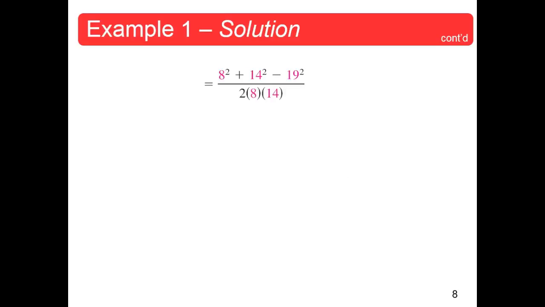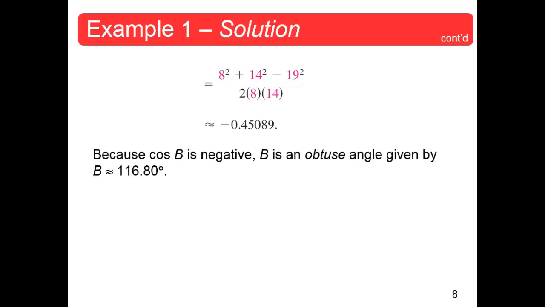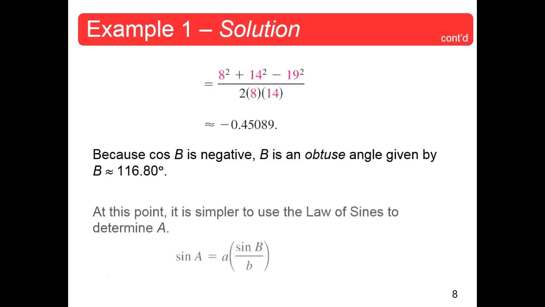And that was 8 squared plus 14 squared minus 19 squared over 2 times 8 times 14, which is just like you found, negative 0.45089. They took it maybe one more digit. And then they did an inverse cosine of that, or arc cosine of that. But you know now B has to be an obtuse angle. Okay? And they came up with about 116.80, which we, I think, wisely said about 117.